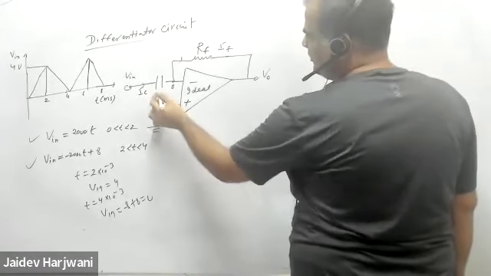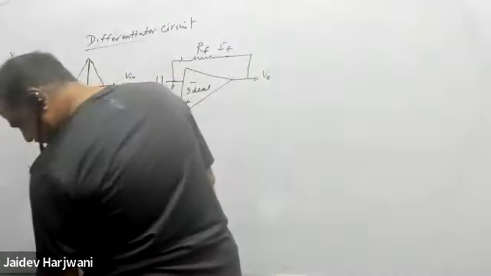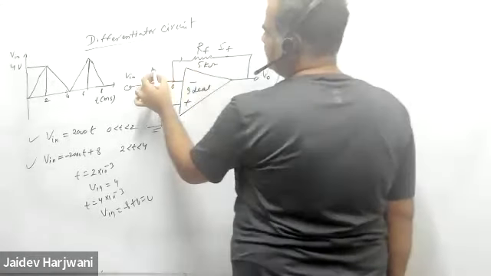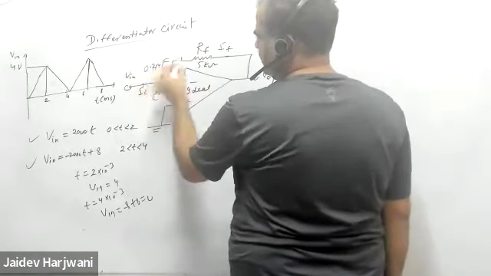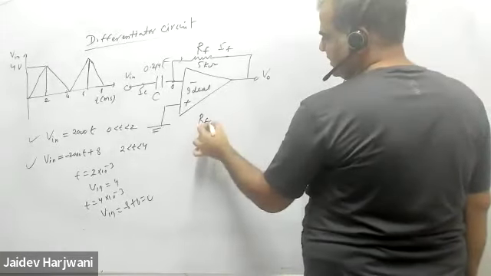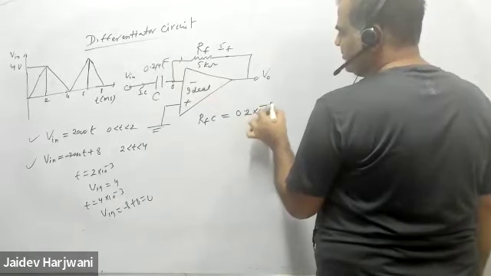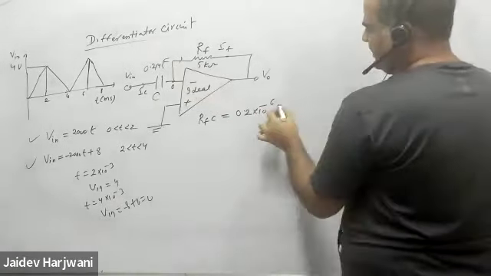For the output, you need the RF and C values. RF is given as 5 kilo ohm, and C is given as 0.2 microfarad. So what is RFC? RFC is 0.2 into 10 raised to power minus 6 farad, times 5 kilo ohm.